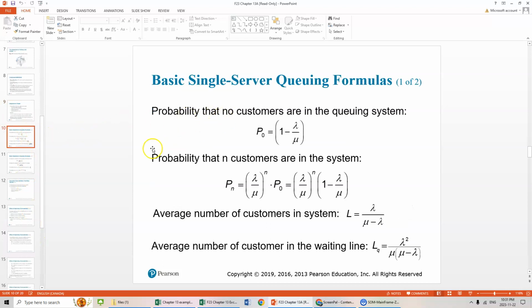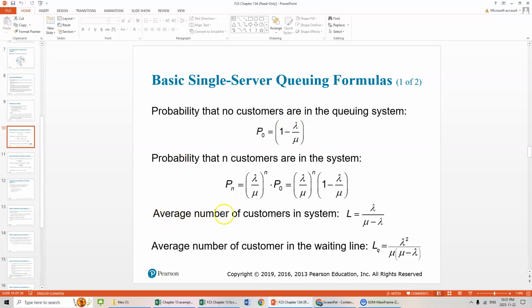So there are 5 or 6 different formulas we look at, and you can see that they all use lambda and mu. I'll go over the ones that we're going to use in our queuing analysis. The probability that no customers are in the system, P sub 0, is 1 minus lambda over mu.